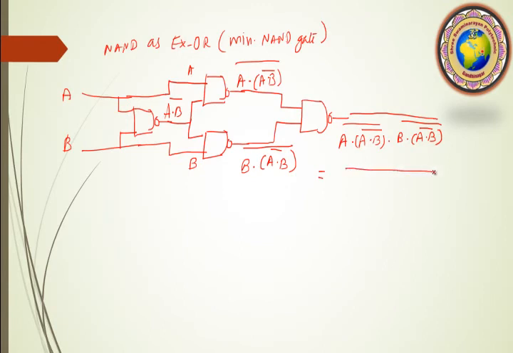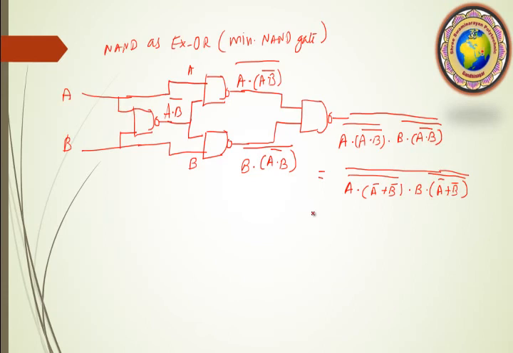So our capital bar, then A dot (A bar plus B bar), and bar is there. Okay, then dot B dot (A bar plus B bar) and whole bar.